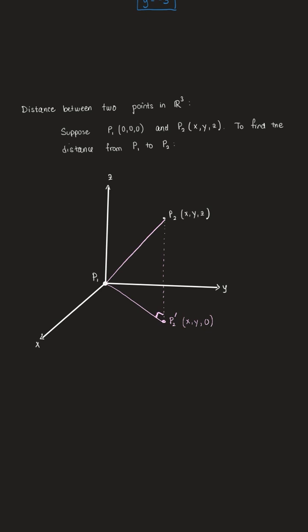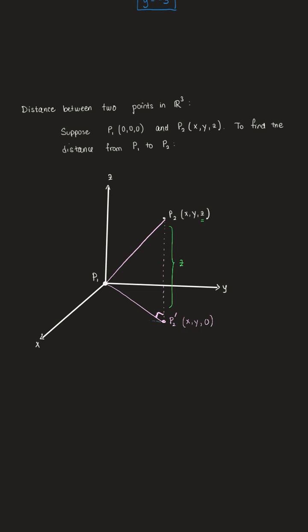Okay, so let's pay some attention to what's going on in the xy plane. First, this distance here, from here to here, is just z, right? That's going from 0 all the way to the z coordinate, whatever that may be. Now, on the xy plane, I can form a right triangle here.